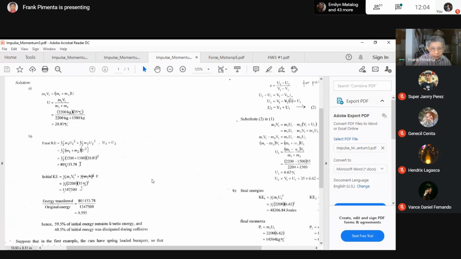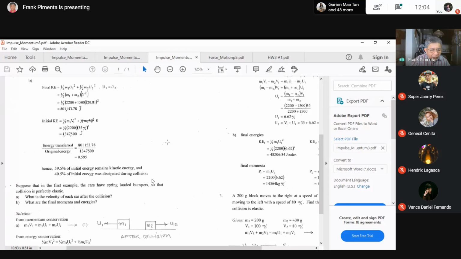Then get the equation for a velocity here. Then apply the conservation. So we have already examples on elastic collision and inelastic collision. Any question, class?